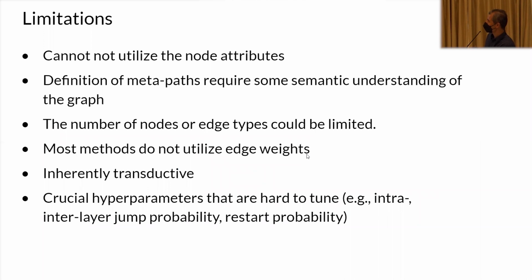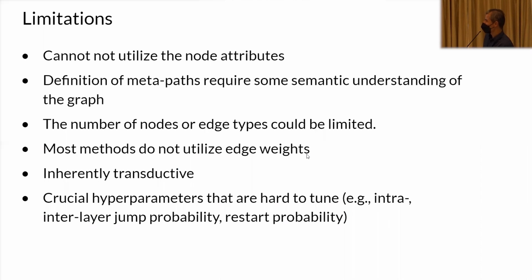But the limitations are, again, as we discussed earlier, there are node attributes that we could utilize, and shallow methods cannot do that. Meta-path definition requires some semantic understanding of the graph, and if it's a more abstract graph, then it's hard to do. The number of nodes and edges could be limited depending on what method you use, or the edge weights could not be utilized.